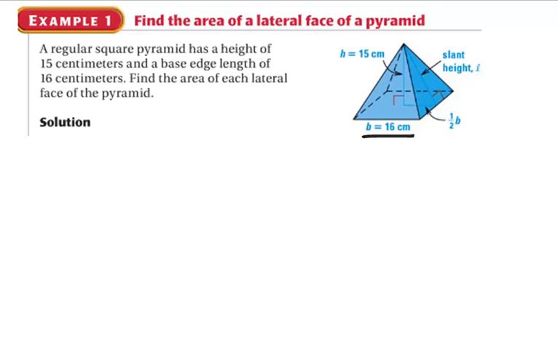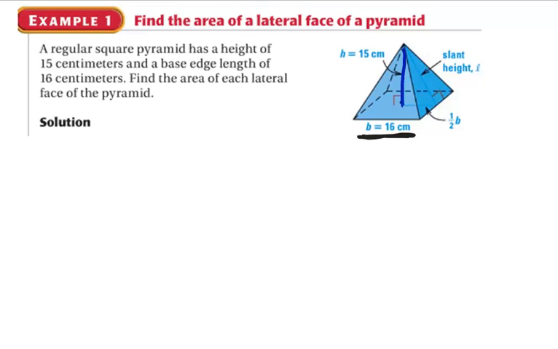I have a regular square pyramid that has a height of 15 centimeters. So that height they're talking about, let me highlight that in blue here. That height is right there. It's perpendicular at the center of the base. It's your perpendicular line going to that common vertex at the top. And then we have a base edge length, that's why it's a lowercase b. It's an edge length of 16 centimeters.